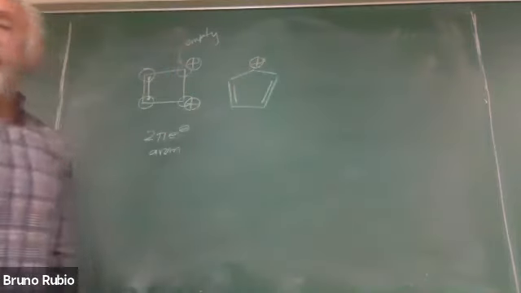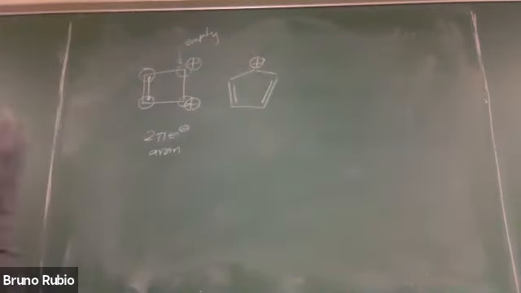Okay, what about this guy? Is he aromatic, anti-aromatic, or non-aromatic? Is there a planar closed loop of p orbitals? Yes. How many electrons live in that planar closed loop of p orbitals? 4. This is an anti-aromatic molecule.